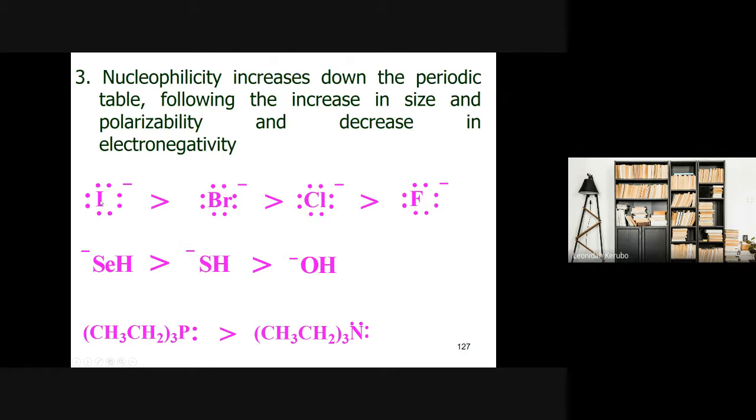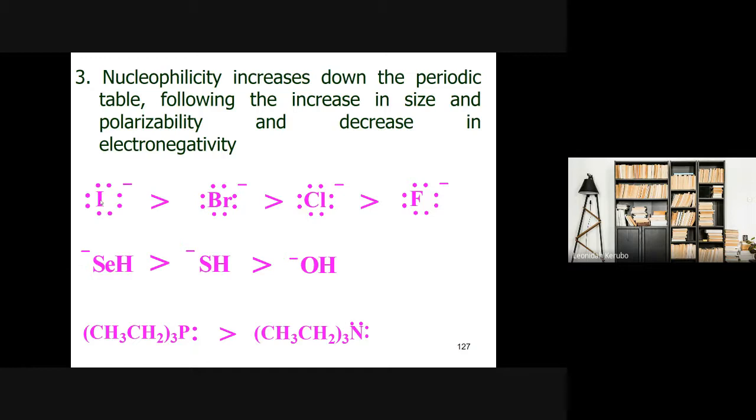The nucleus is far away from the outermost shell electrons, and therefore it's not able to attract those electrons strongly, leading to the nucleus having some partial positive charge and the outermost shell having some partial negative charge. That way, the ion is polarizable.